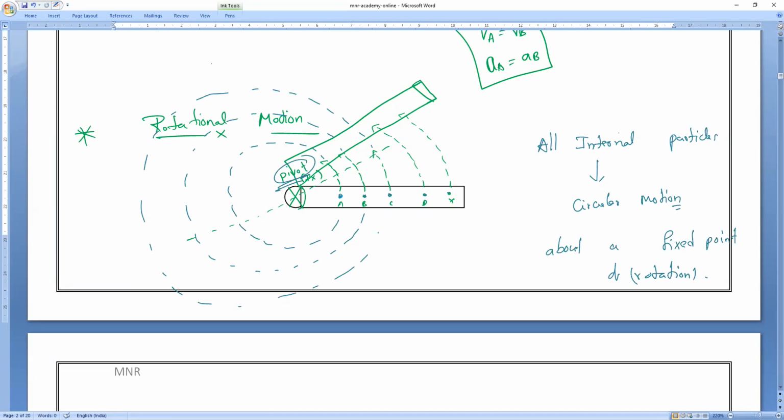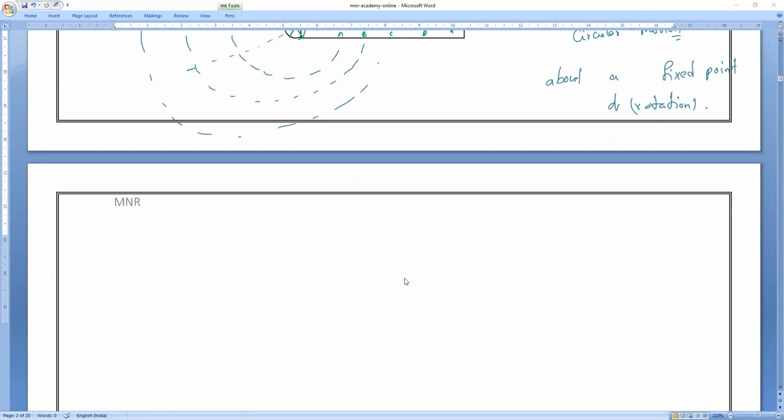Understand? Now, is this pivot compulsory for making an object rotate? How many of you know the spinner? Do you all know a spinner? If you notice, there is no pivot point. But for example, take your pen, all of you.